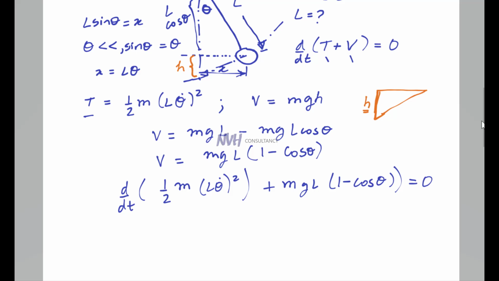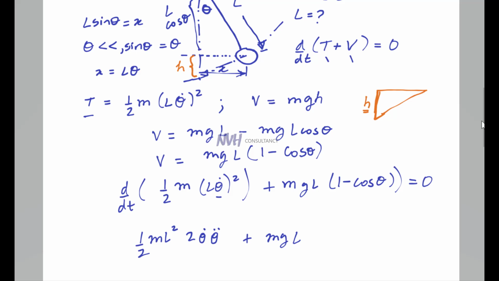So let's take the derivative with respect to time. First, what you have is half m L square theta dot square, whose derivative with respect to time is nothing but 2 theta dot times the derivative of theta dot itself, which is theta double dot, plus mgL.